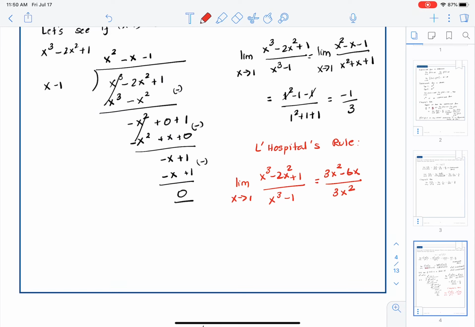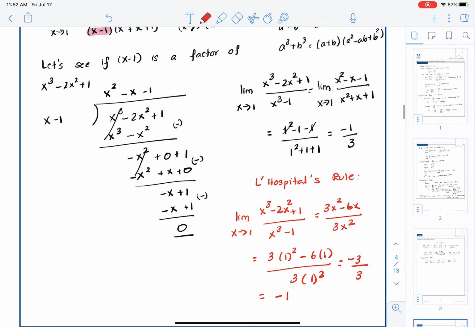When we plug in the limit, we end up getting 3 times 1 squared minus 6 times 1 divided by 3 times 1 squared. We end up getting minus 3 over 3. We get minus 1. There has to be a mistake here. I recognized it. That should be a negative 4x.